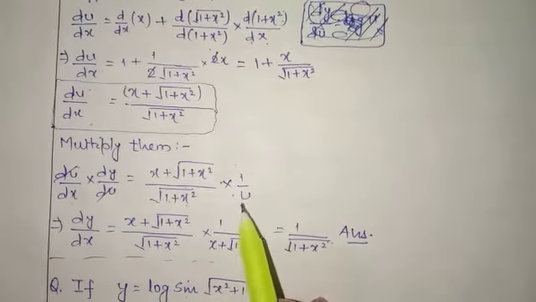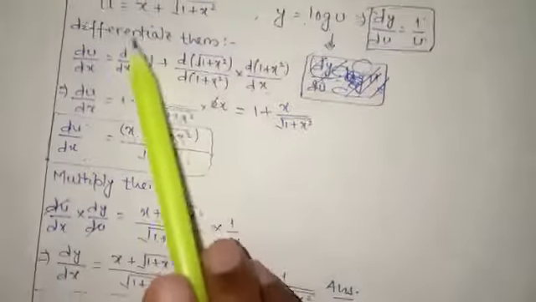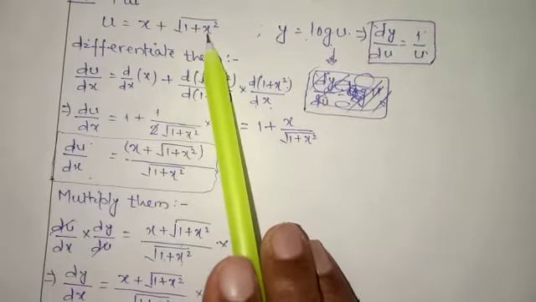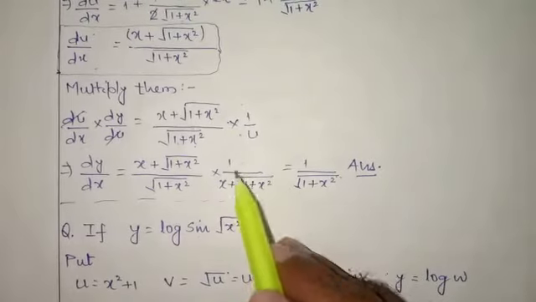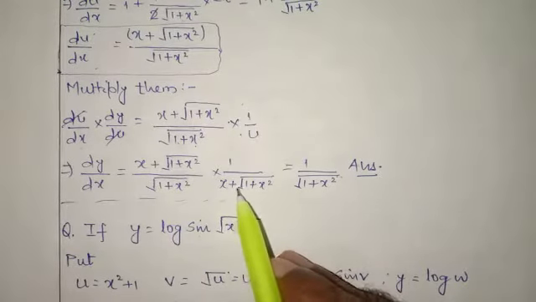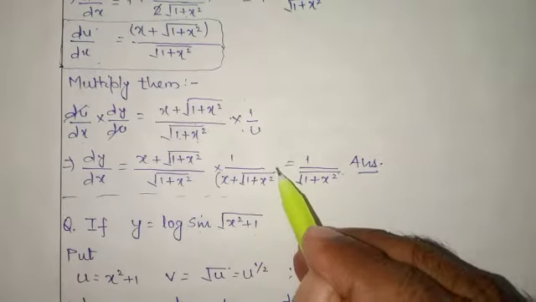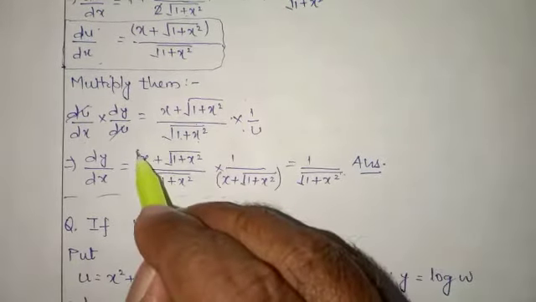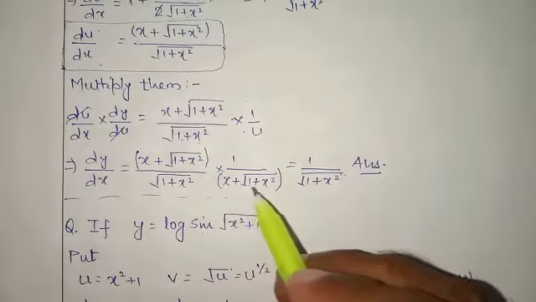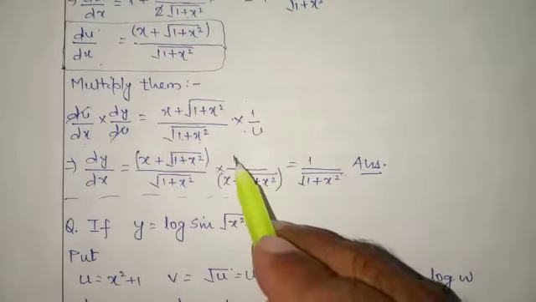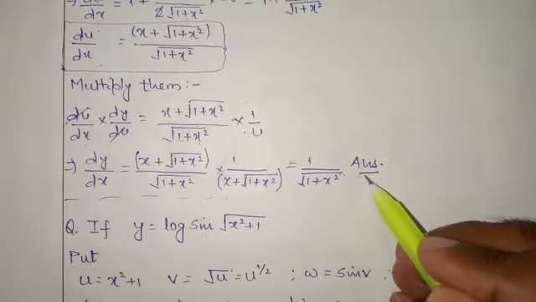Now write down the value of u, which we considered as x plus under root 1 plus x square. It should be 1 by x plus under root 1 plus x square. See, x plus under root 1 plus x square and x plus under root 1 plus x square, these two cancel. How much is left? 1 by under root 1 plus x square, which is your result.